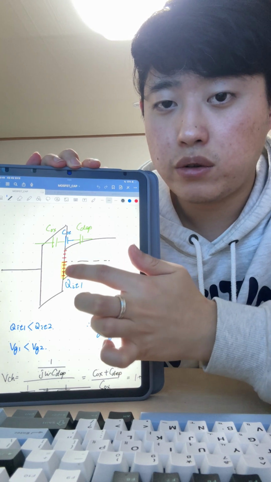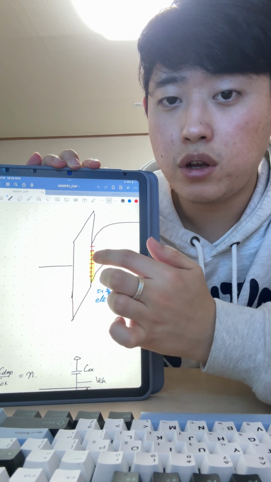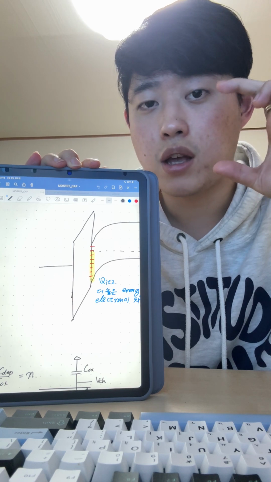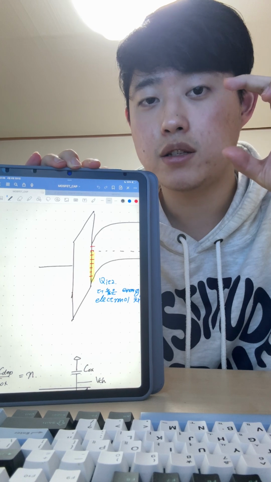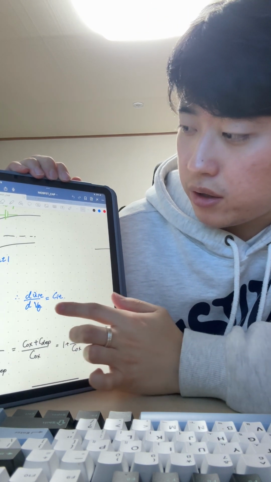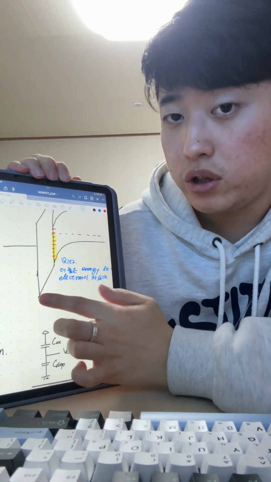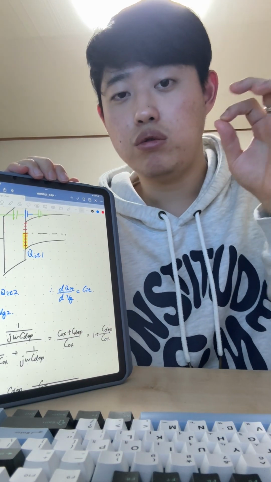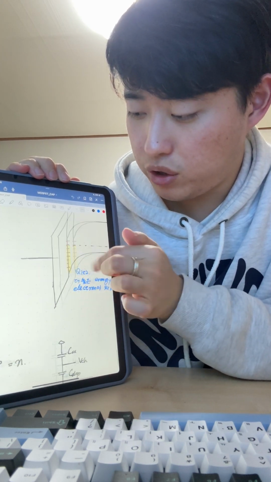so there are electrons, but in accumulation many more levels can have electrons, so there is much more Q density. Okay, and that is small Vg, but there is much larger Vg, so Vg and Q, this is QIT1 and this is QIT2.